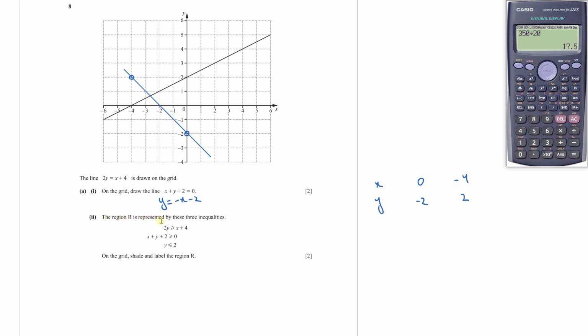The region R is represented by these three inequalities: 2y is greater than or equal to x plus 4, x plus y plus 2 is greater than or equal to 0, and y is less than or equal to 2. First, you make sure that the coefficient of y is positive. So we already have these as positive. Whenever we have a greater than or equal to sign, we shade the region above the line.